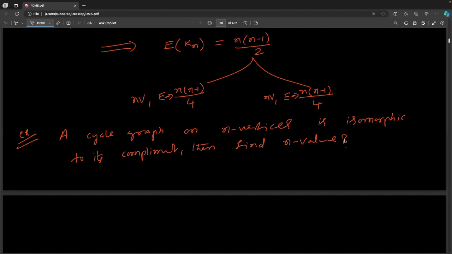The value of n is... So what answer are you thinking?